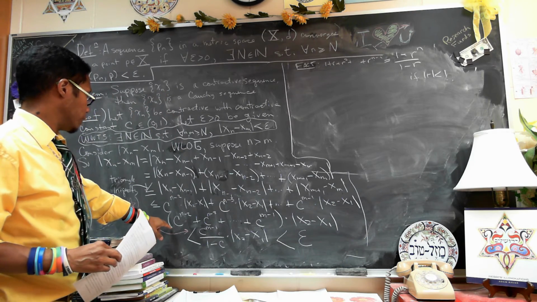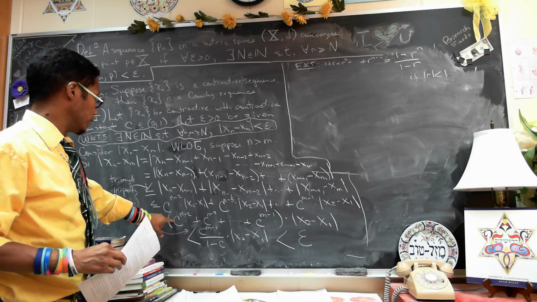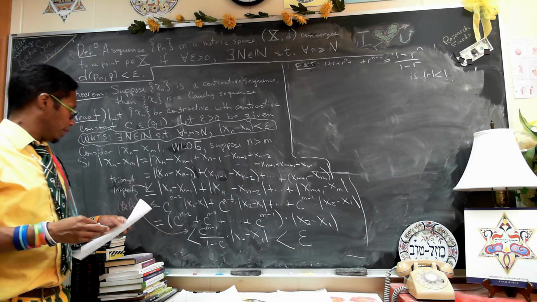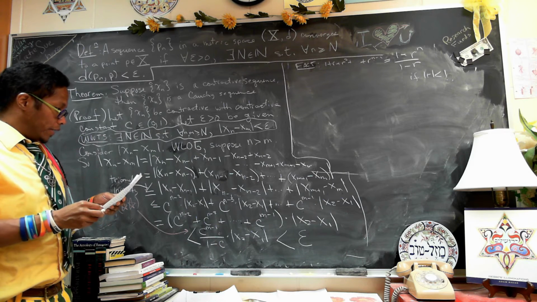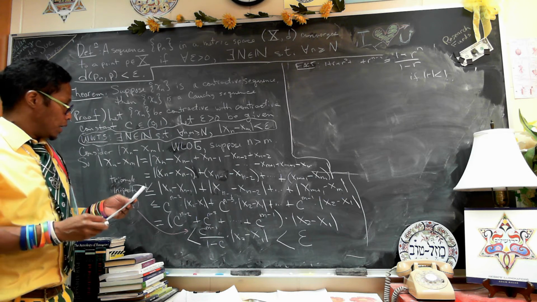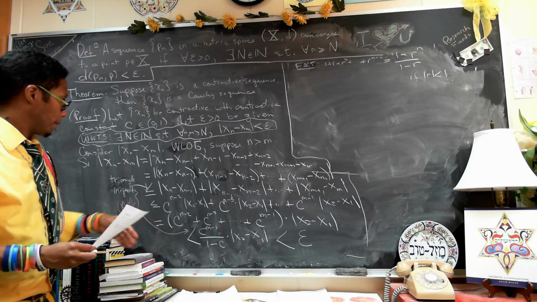So what I'm proving is that this line here is strictly less than this here. To that end, I'm going to write this in increasing order.